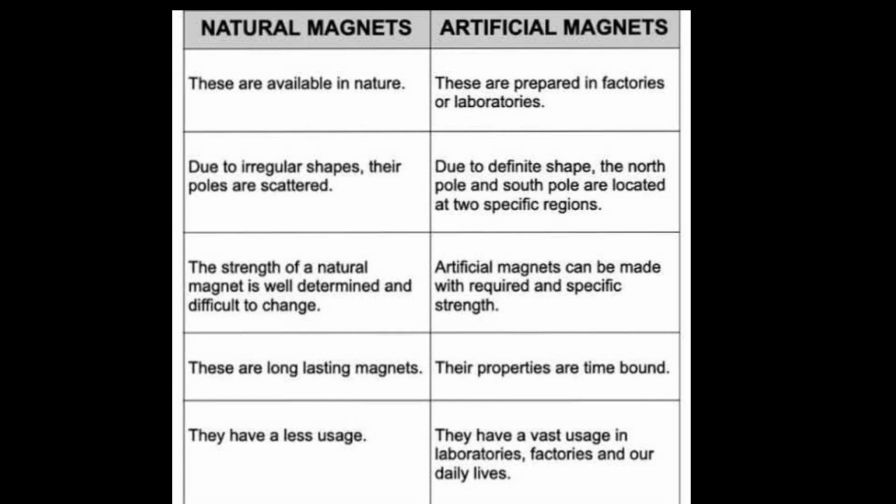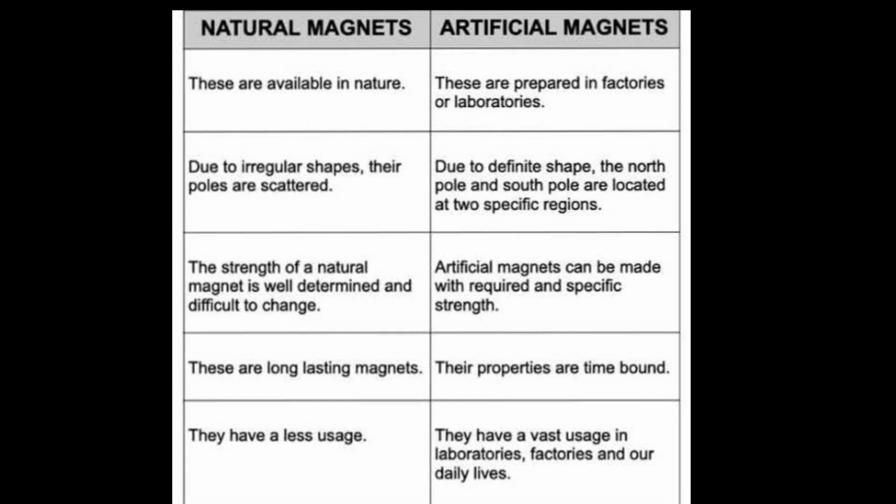Natural magnets have an irregular shape, so their poles are scattered, but artificial magnets have a proper shape. The north pole and the south pole are located at two specific regions. The strength of a natural magnet is well defined and difficult to change, but for our requirements we make artificial magnets with a specific strength.